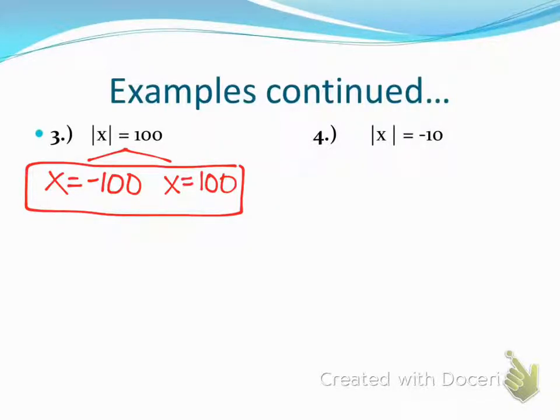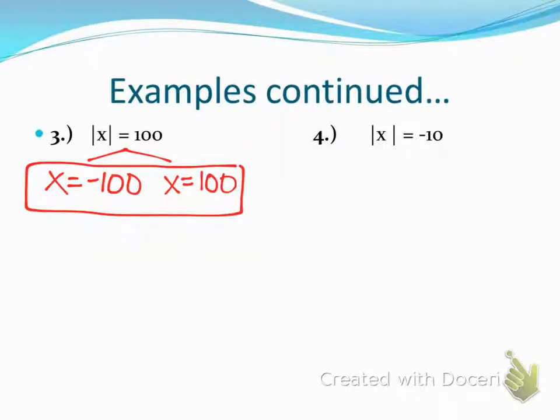Does anybody notice something different about number 4? It's set equal to a negative. So it says the absolute value of x is equal to -10. Does that sound weird to anyone? No? Well, it should. And hopefully from here on out it will sound weird to you.